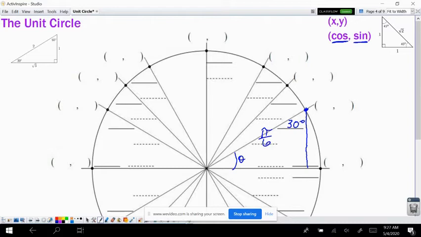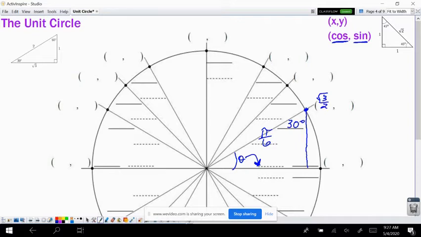Since this is a 30-degree angle, the x-coordinate is whatever the cosine of 30 would be. The x-coordinate is this adjacent side over the hypotenuse in the unit circle, which we know is 1. That simplifies to x, and the cosine of 30 is the square root of 3 over 2.